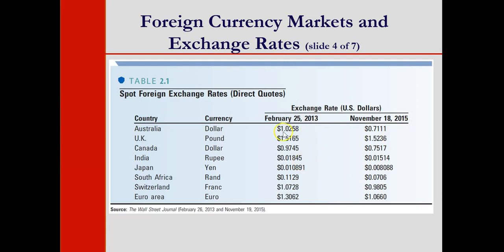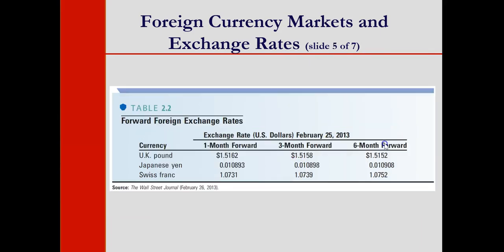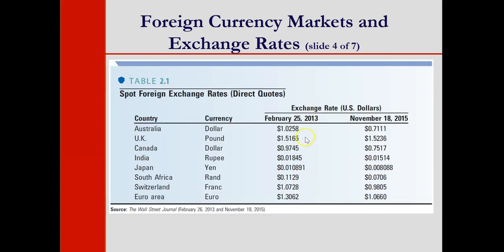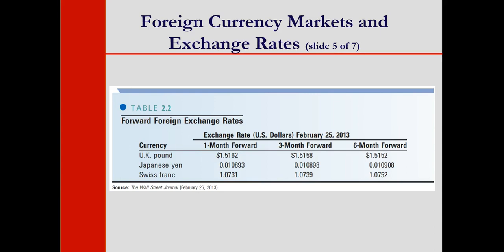Some of the currencies change in value a lot, like for example you can see here Australian dollars, whereas the UK pound is pretty much close to each other in those two times. Canada, it's changed a lot. So some of the currencies fluctuate a lot, but some of them remain pretty much stable, not much changed.